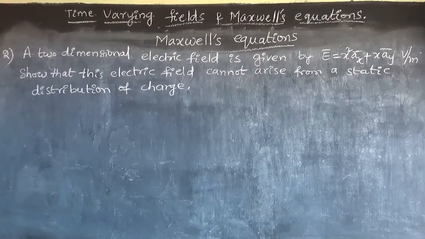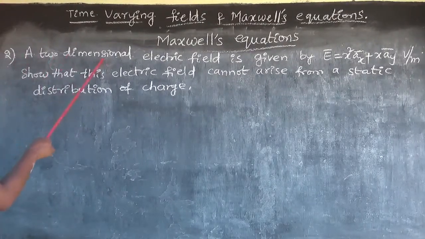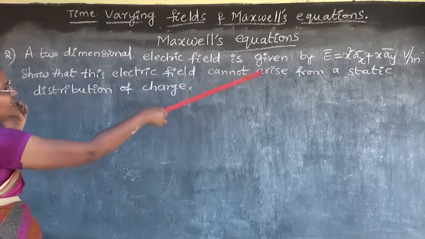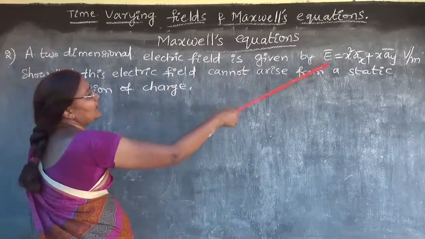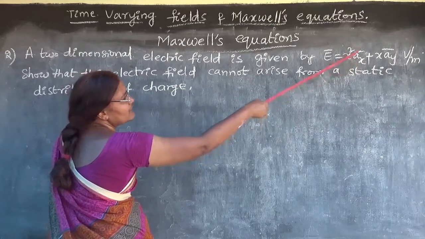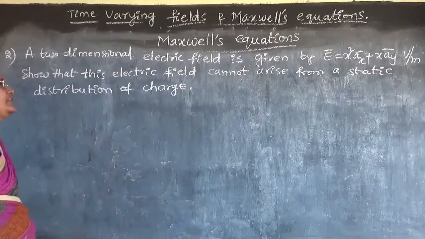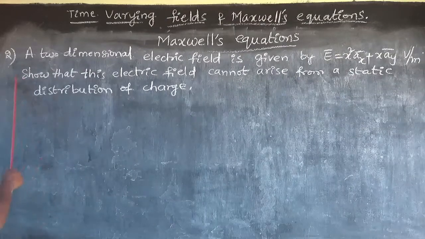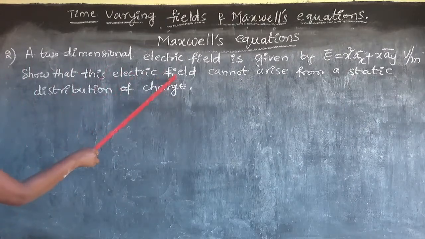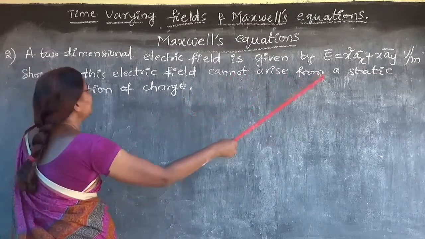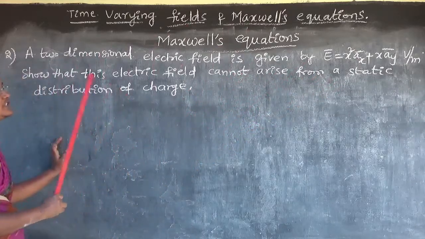So we go for the second problem. A two-dimensional electric field is given by E bar equal to x square ax bar plus x ay bar volt per meter. So some electric field is given. Show that this electric field cannot arise from a static distribution of charge.